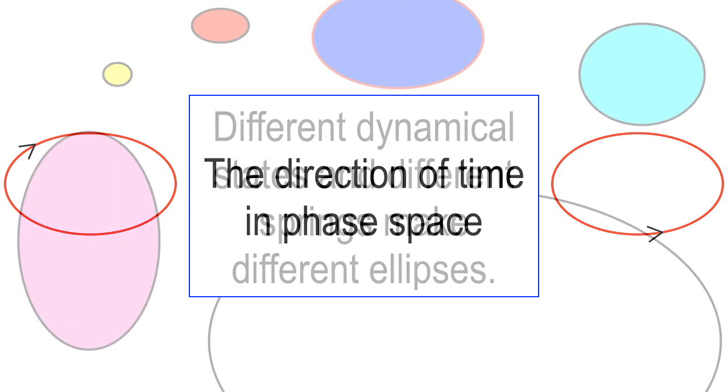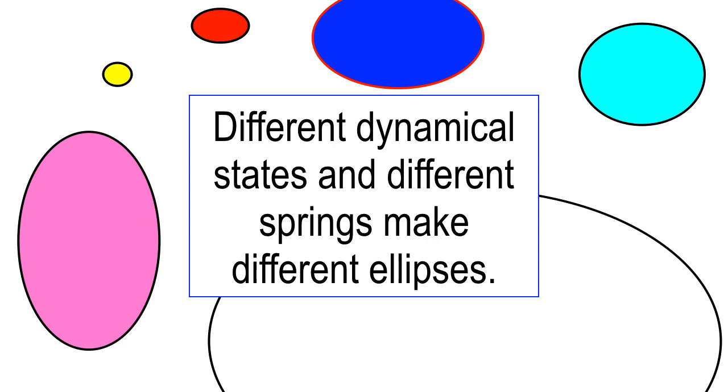You can also have different energy states and so forth, different springs. A different spring might look way different, so I put a bunch of different ellipses here, big and tall, small, wide. Those phase space representations are important.